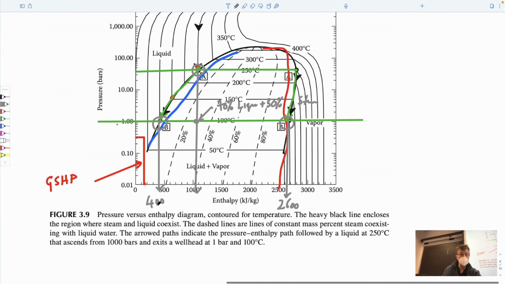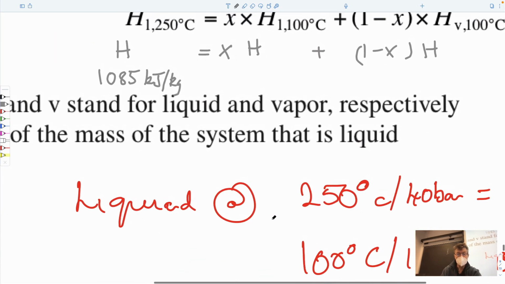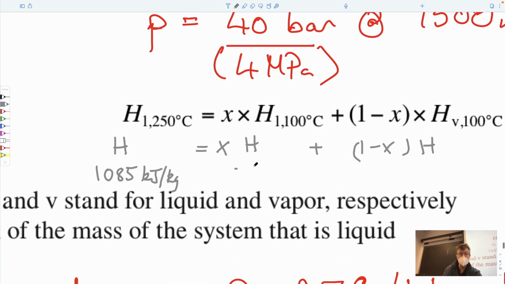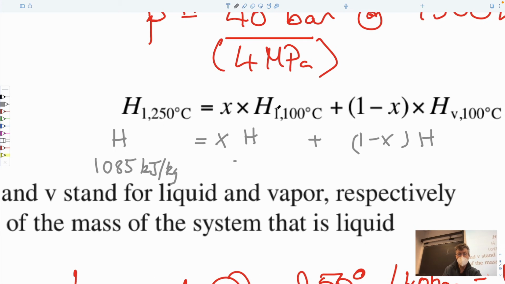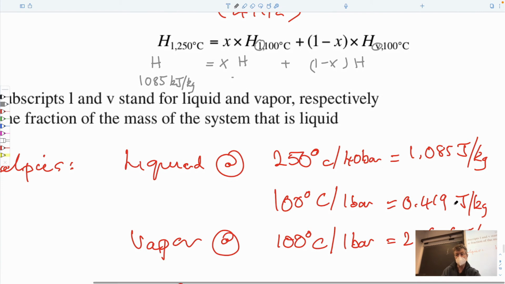So this is at 100% water, and this is at 100% steam. And so we could merely write this equation that we have here in terms of that. So this term would be this. This would be liquid versus vapor. So liquid was something like 400 kilojoules, and this 2,000.